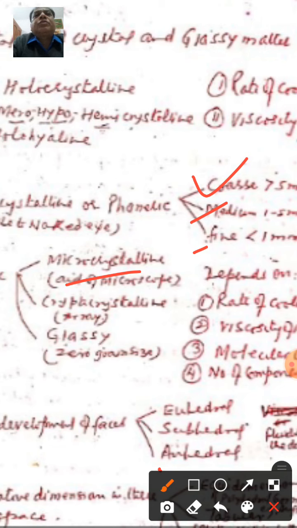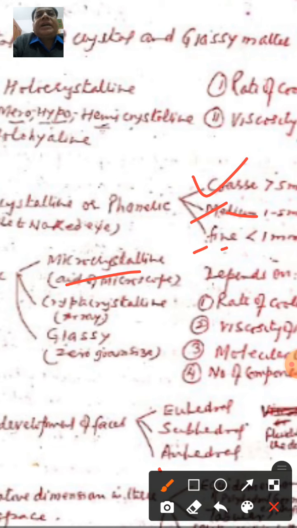When you use the term coarse grained for igneous rocks, that means the average grain diameter is more than 5 millimeters. When you use the term medium grained, the average diameter is from 1 to 5 millimeters, and fine grained when the diameter is less than 1 millimeter.